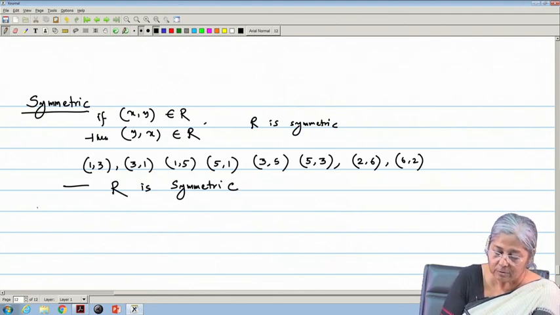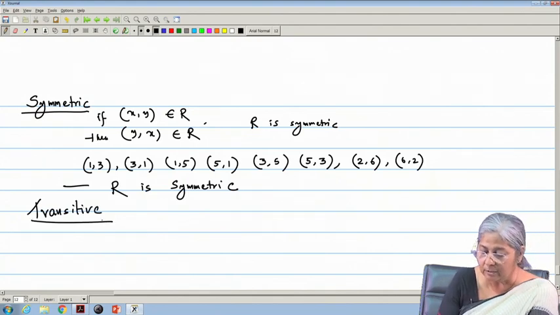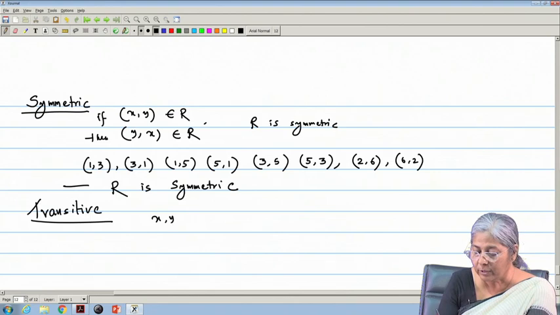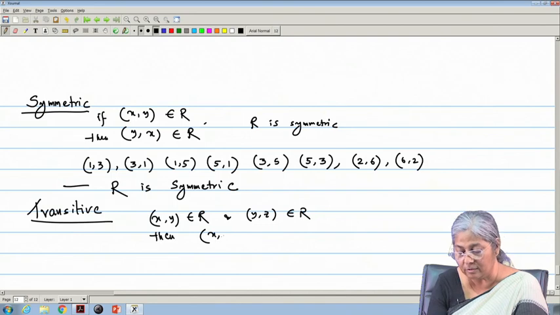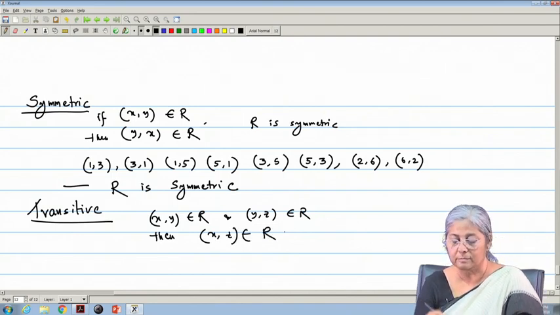Now, we have to see whether it is transitive or not. In the relation, if (x,y) belongs to R and (y,z) belongs to R, and (x,z) also belongs to R, then it is transitive.